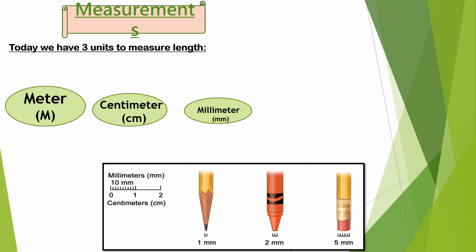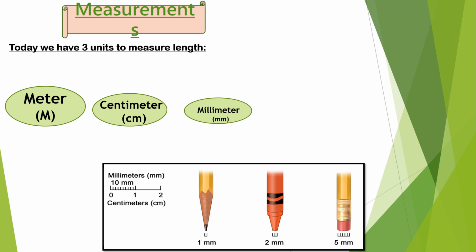Here we find our pencil, our crayon, our eraser of the pencil. Our pencil here, its front end is 1 millimeter. And this crayon 2 millimeters, and this eraser 5 millimeters.